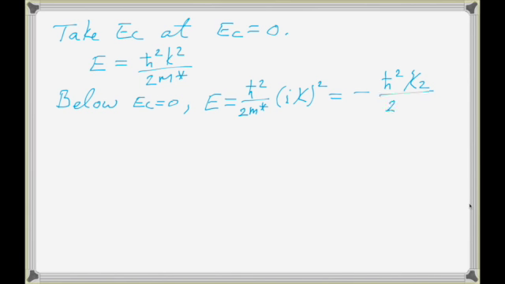So the only point is to just go through and show you that it is indeed correct when you're below the barrier, in the band gap, to just replace k by iκ, at least in this simple parabolic model.